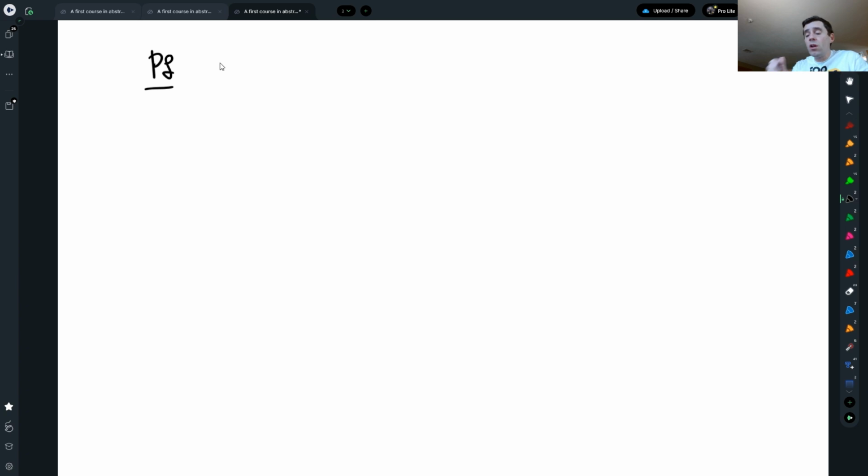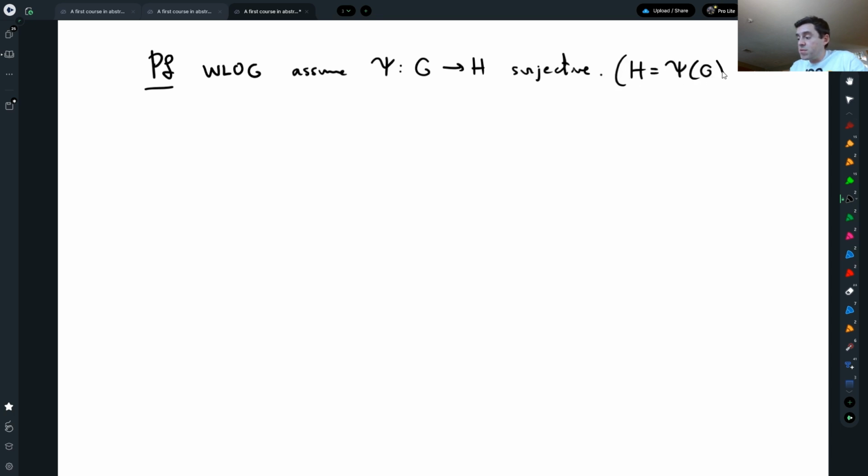Without loss of generality, I'm going to assume that psi is surjective. Otherwise, we replace H by the image of psi, and then it would be surjective.